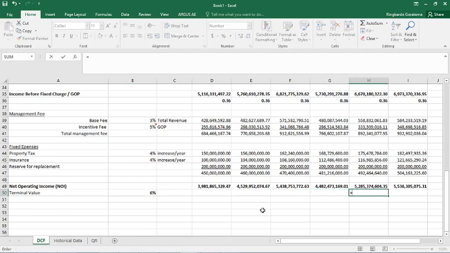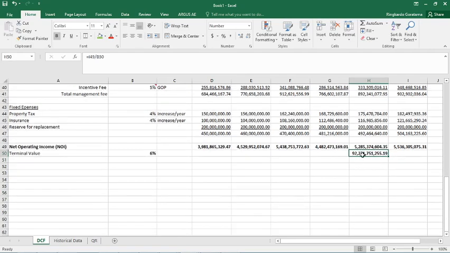So we just divided this with 6%. So we use the 5 years assumption. So let's say in the end of year 5, they sell the property, the hotel, for 92 billion.